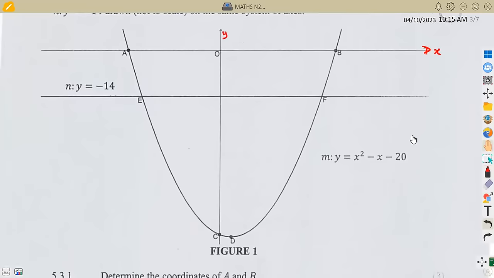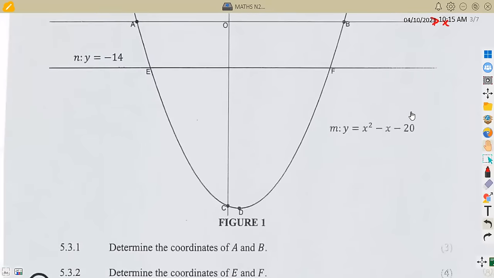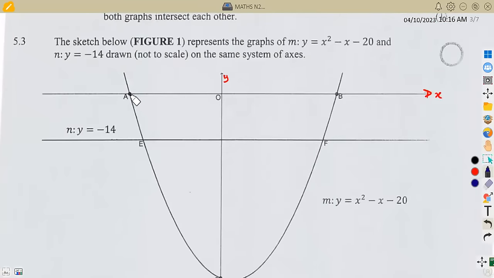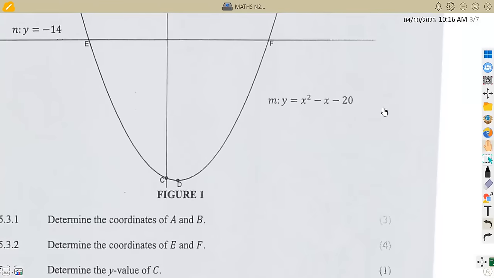So from the first part of the question, which is 5.3.1, we are to determine the coordinates of A and B. What are A and B representing? These are the values of x on the x-axis. That is the x-intercepts, where we know that on the x-axis, y is equal to 0. So we can take advantage of that to say A and B are on the x-axis.